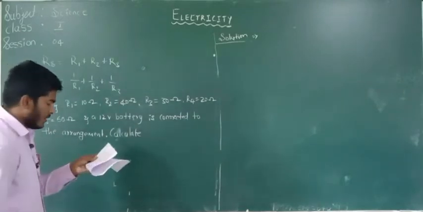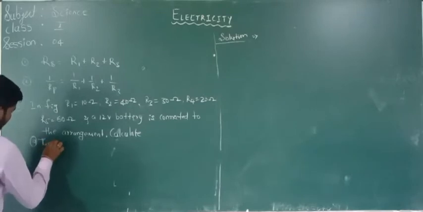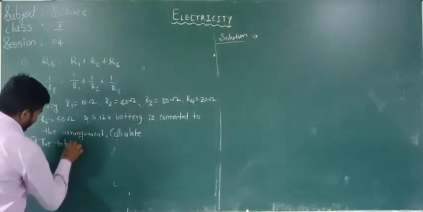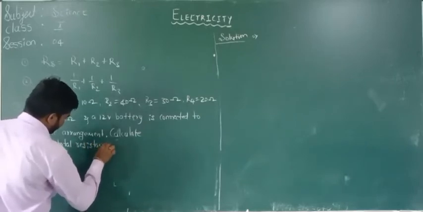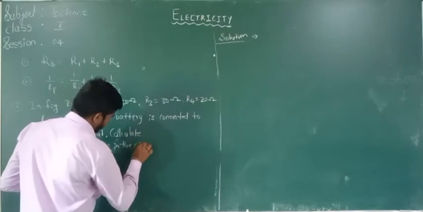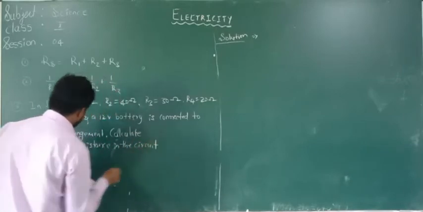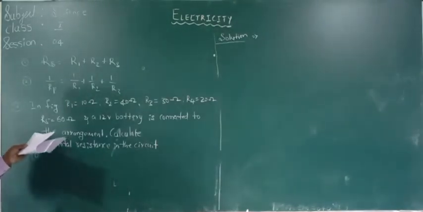A: Calculate the total resistance in the circuit. And B: the total current flowing in the circuit.